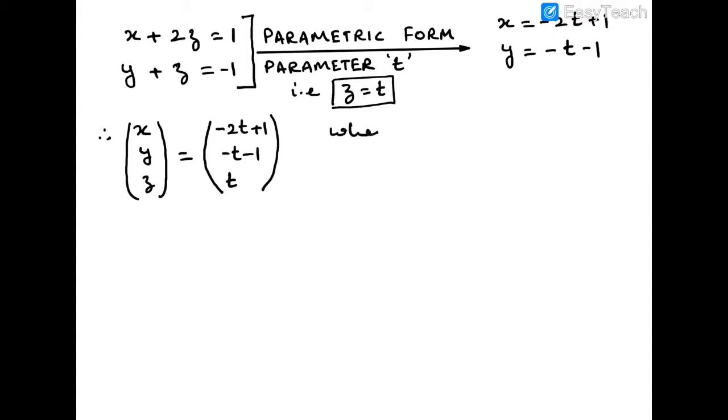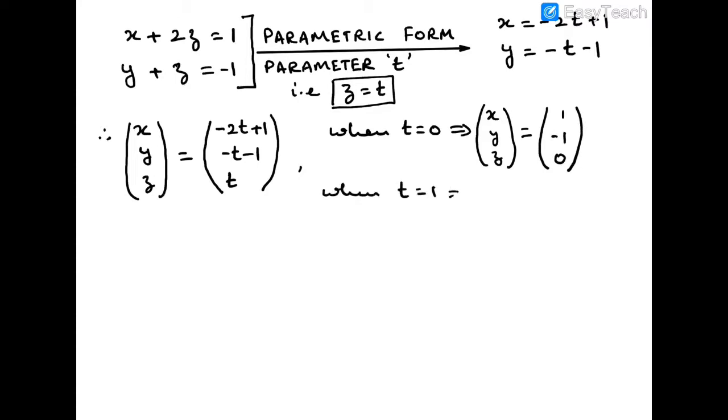Now let's put a few values of t, and let's take t is equal to 0 first, then X, Y, Z is equal to 1, minus 1, 0, and when t is equal to 1, then X, Y, Z will be minus 1, minus 2 and 1.